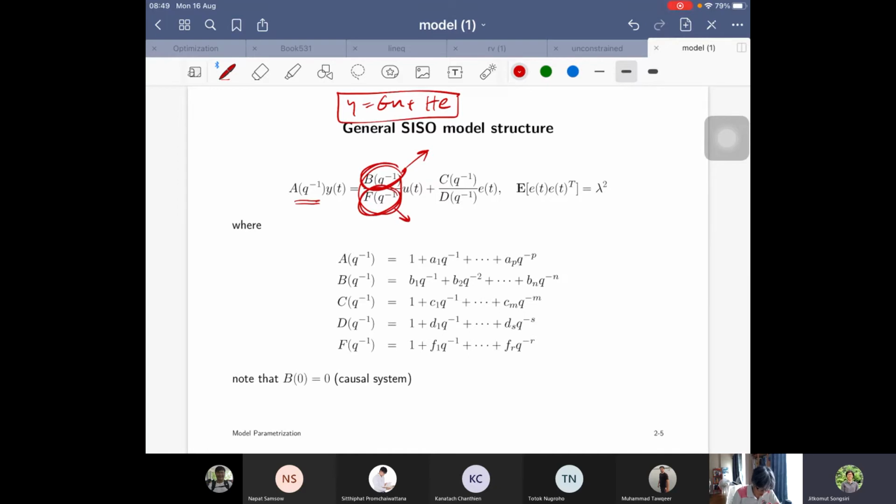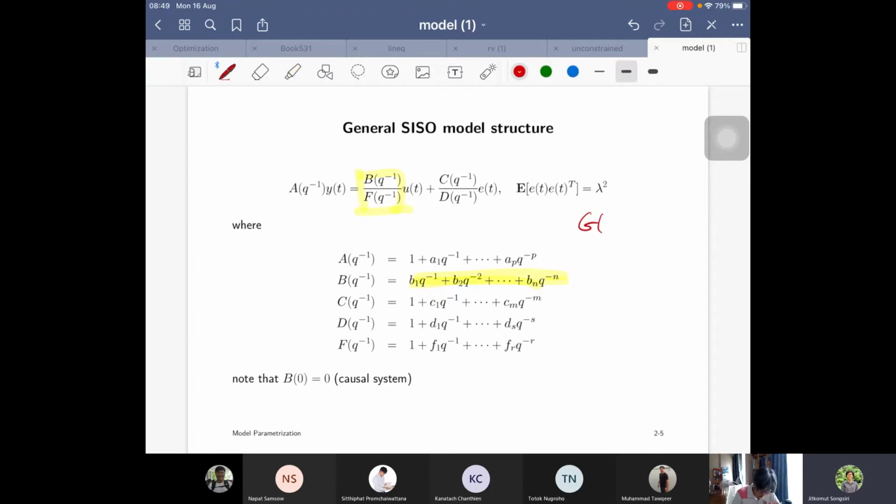I will give an emphasis on the polynomial b. Polynomial b is the one associated with the input u.